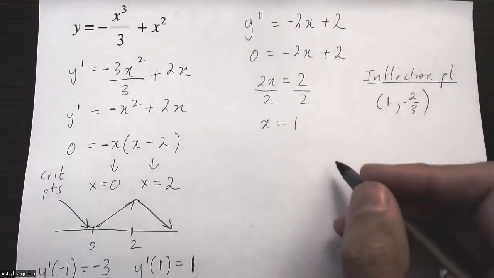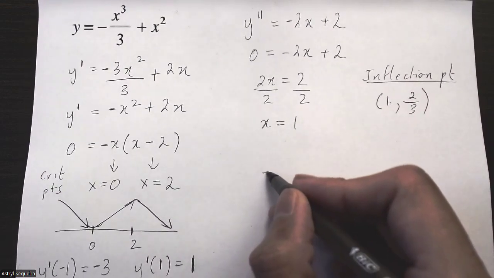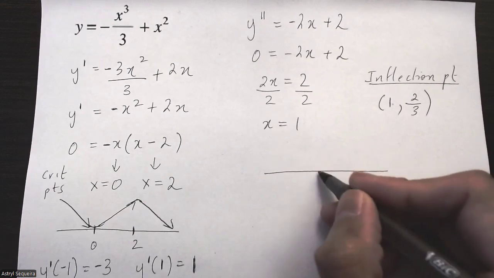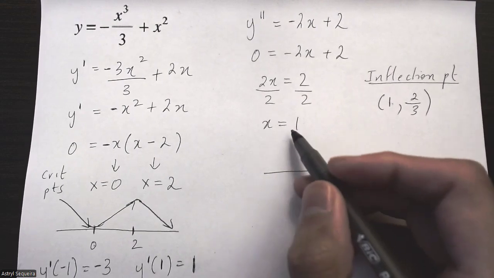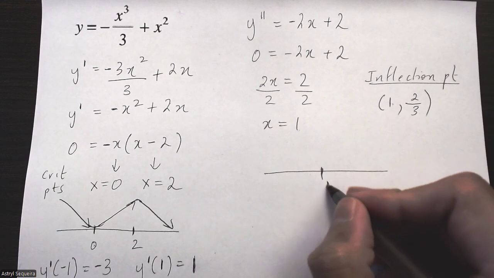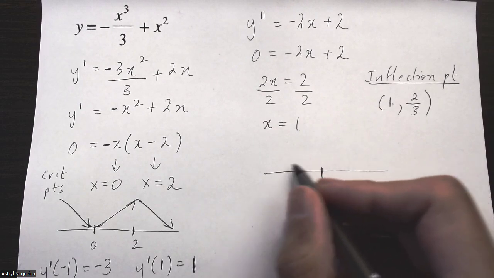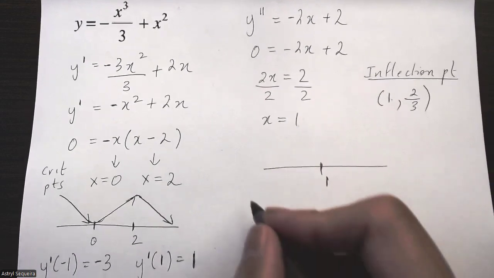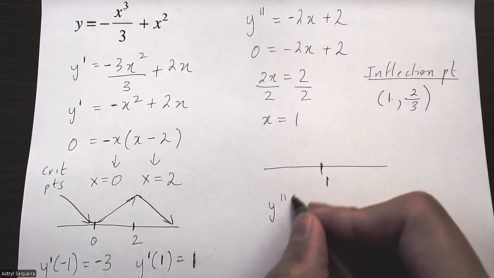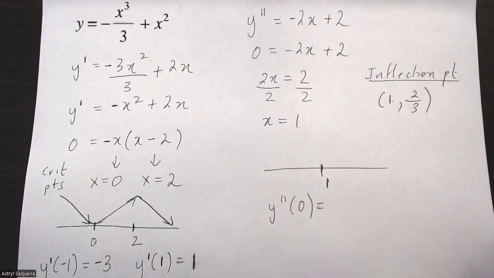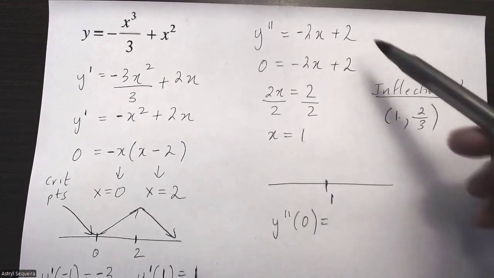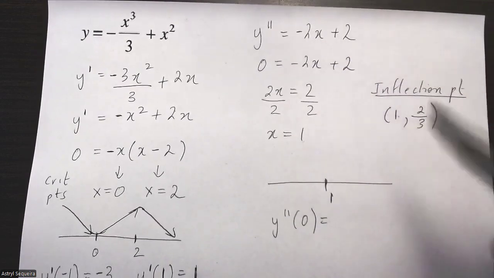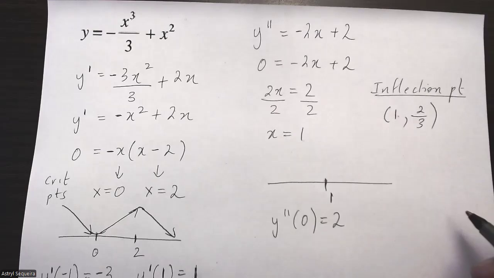Then I will do my intervals of concave up and concave down. So again, I'll do a number line, and on this number line, I will only put my inflection point. I'll pick a value less than here, so I'll pick 0, and I'll do y double prime of 0. So I'm basically just putting 0 into my second derived equation over there. I'll get positive 2.